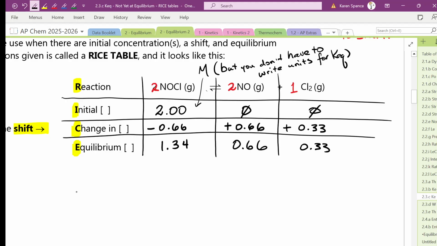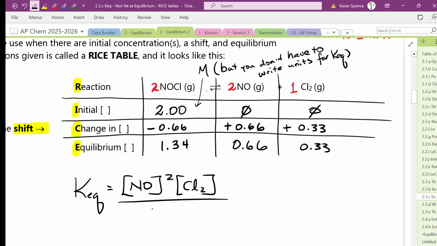So you're going to write the KEQ expression, and then all you do is plug in the numbers.